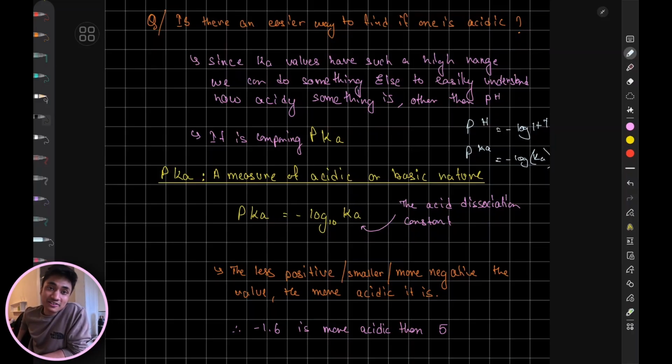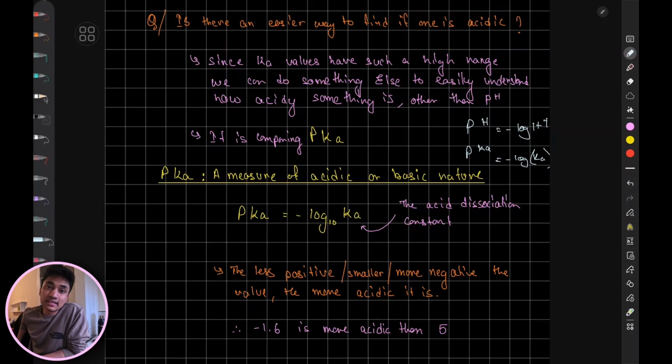That is your way of finding how acidic something is, using the dissociation constant of acid. This is used mostly for weak acids, because you get to know the dissociation constant of weak acids, and then you find the pKa.